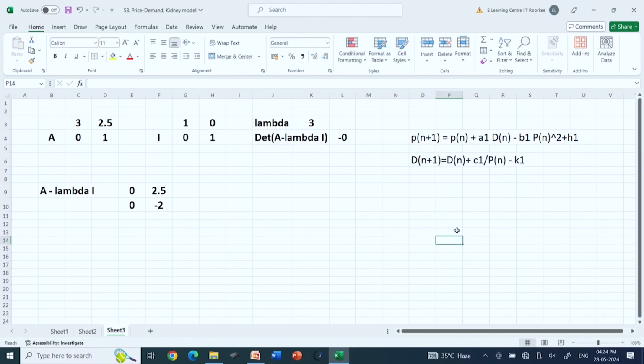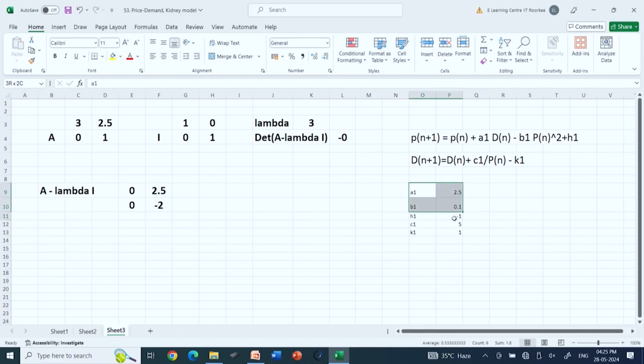And the values of the parameters, so A1, B1, H1, C1 and K1: A1 is 2.5, B1 is 0.1, H1 is -1, C1 is 5 and K1 is 1.